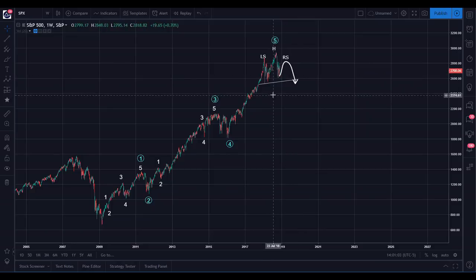And if this is the case, then we've got a very clear pattern combined with Elliott waves, saying that this is a very nice uncanny topping pattern, and the decline is nearly assured.